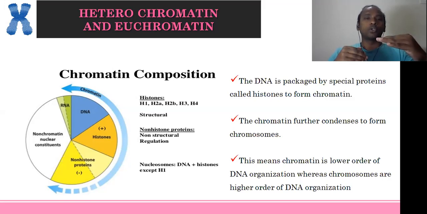So the lower order of DNA organization is called chromatin, whereas chromosomes are the higher order of DNA organization. We should understand that, right?